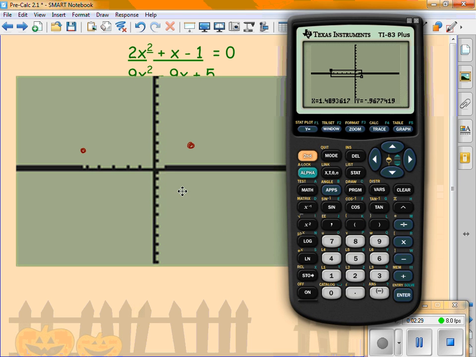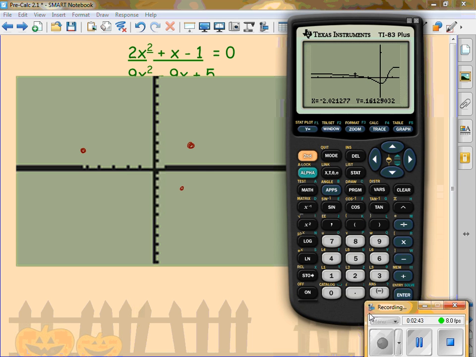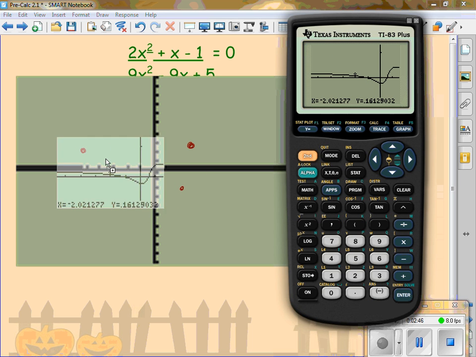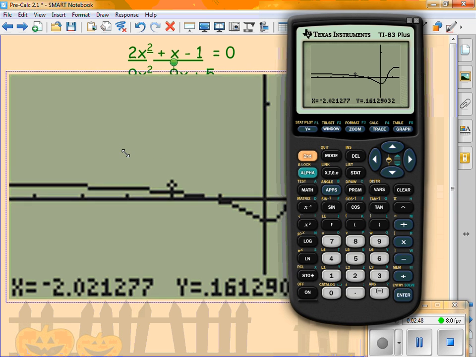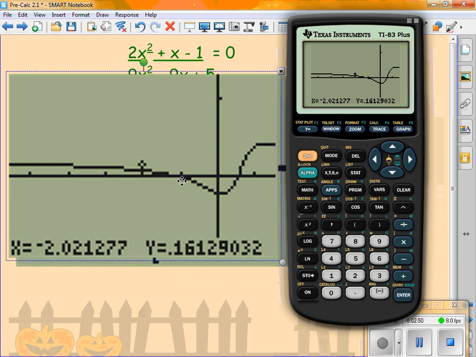You did this in Trig last year. I hit enter. It has a zero right here and right here. I have an intercept right here and right here. Those are my zeros.